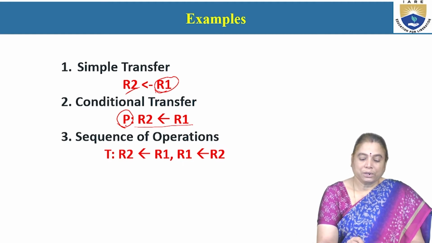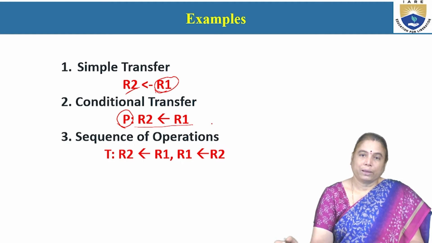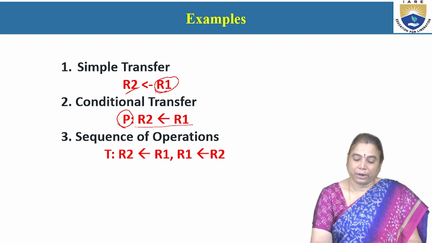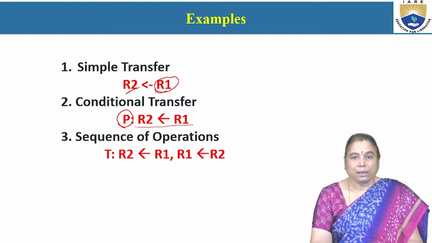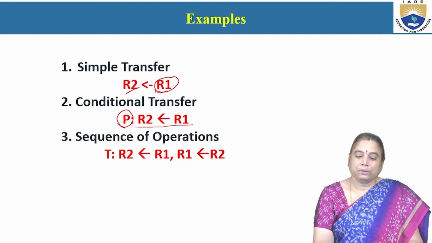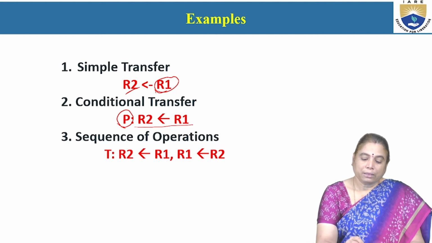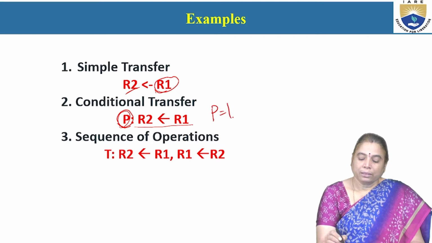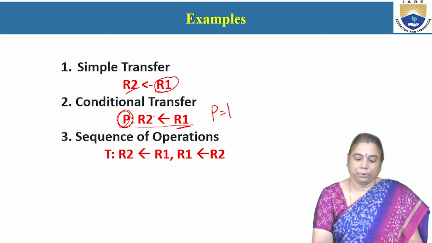So after the control function and colon, the sequence of micro operations can be specified. So here, when P is equal to 1, then only the transfer of data from the register R1 to R2 is carried out.